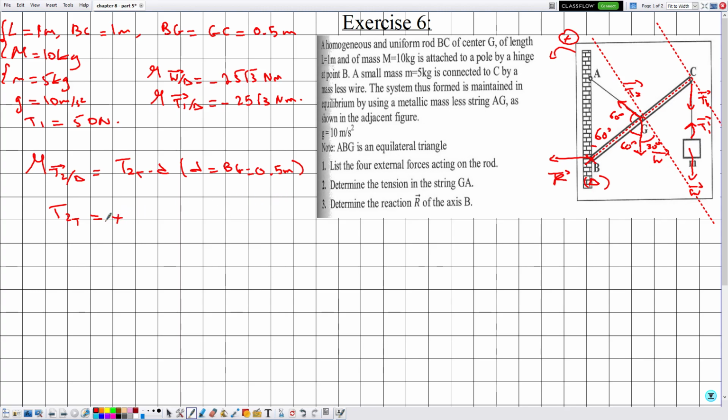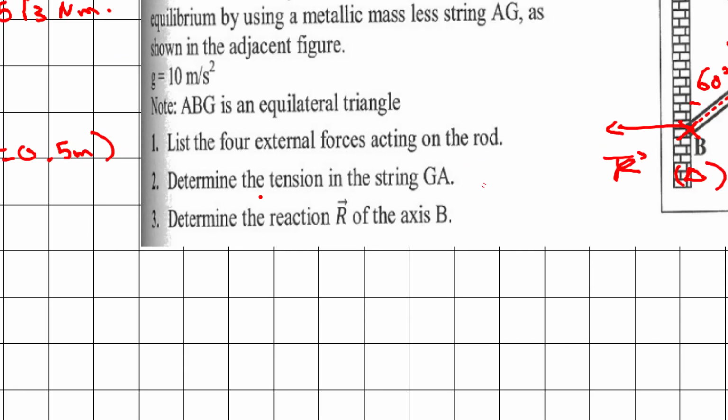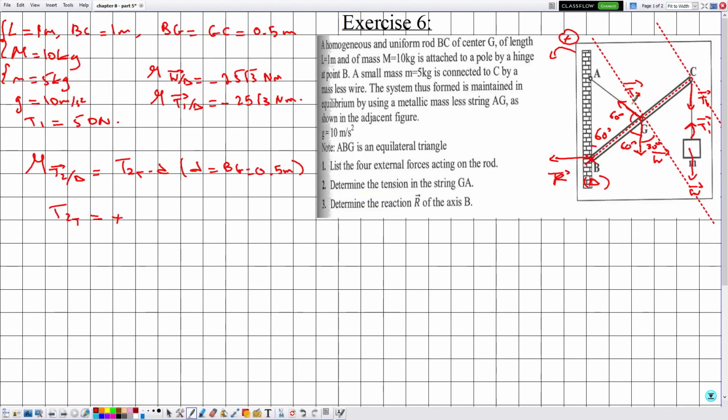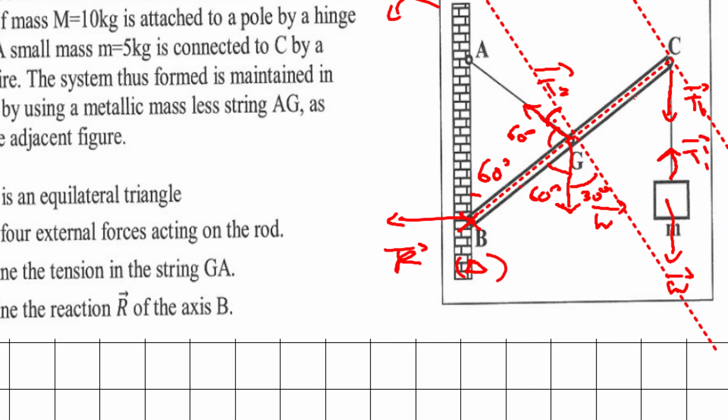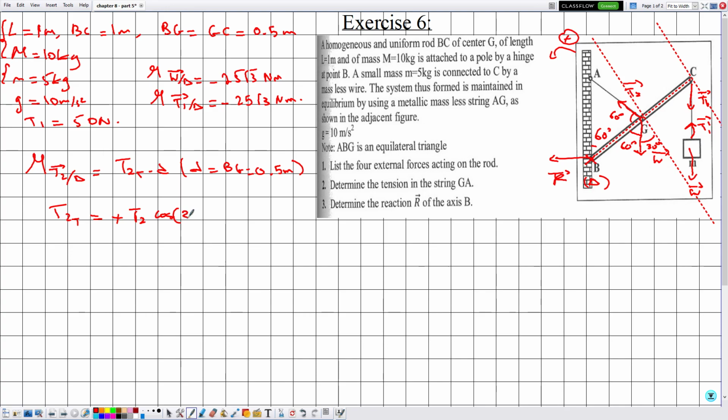Now the magnitude of T2 is unknown because we are interested in determining the tension in the string GA, and so it is T2 multiplied by the cosine of the angle between T2 and the tangential direction, so this is 30, which is equal to radical 3 over 2 T2.